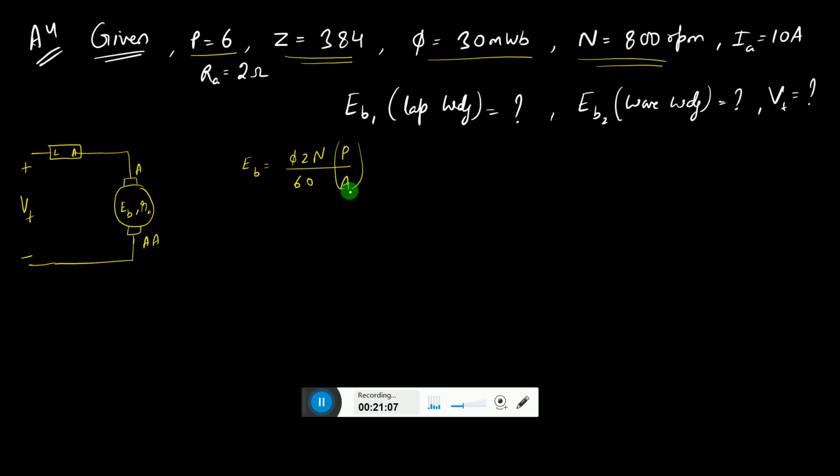For a lap winding, A, the number of parallel paths, is always equal to P, so the value of A is 6. The meaning of lap winding is that the Z conductors are divided equally into 6 parallel paths.